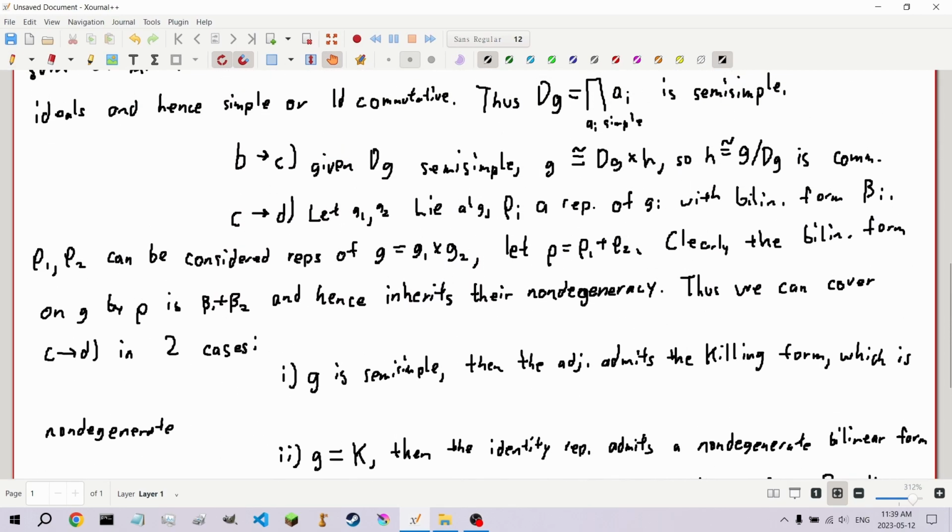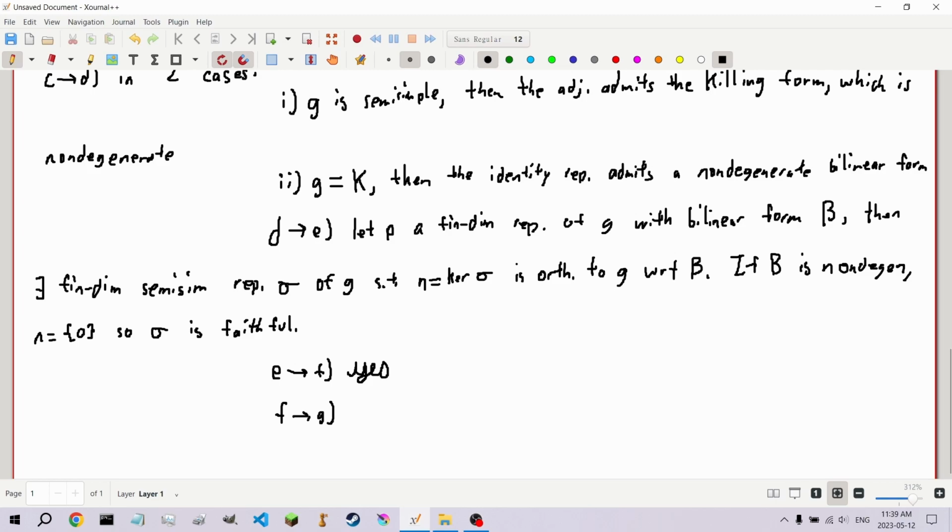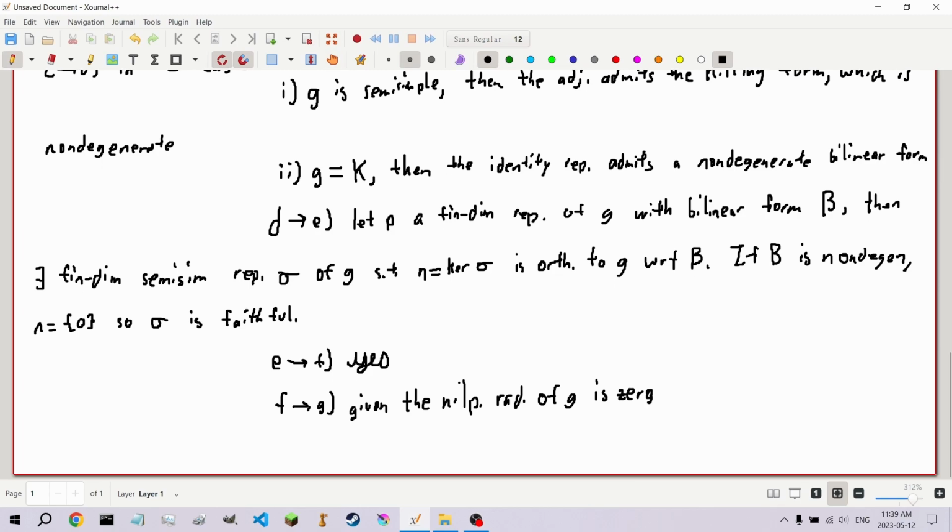How did I introduce these? Given is the word I'm using. Given the nilpotent radical of G is 0, we have the intersection of the derived series of G and the radical of G is 0 by a previous proposition.